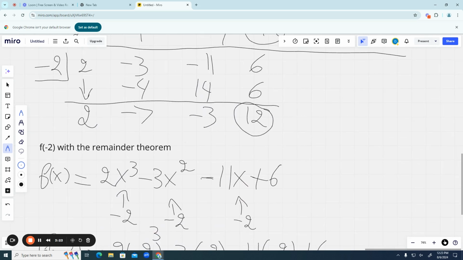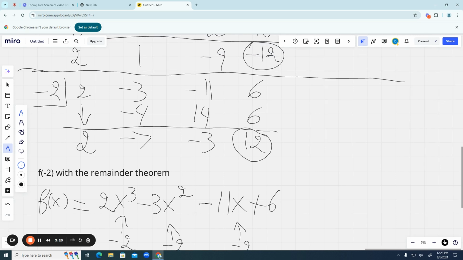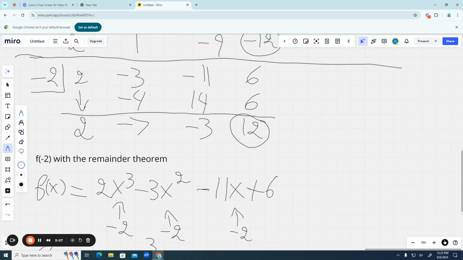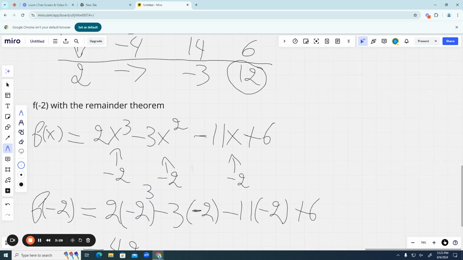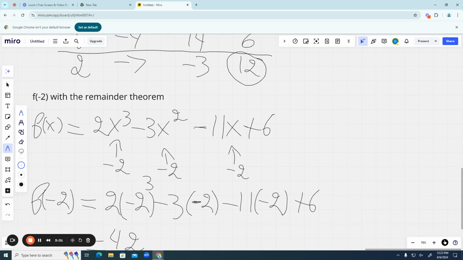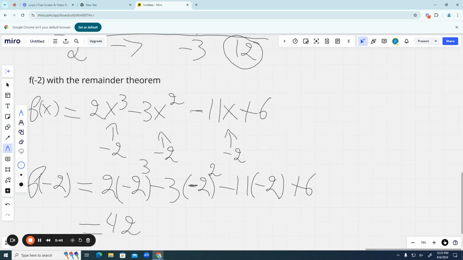If I plug in minus 2 everywhere that there is an x in this equation to find f of minus 2, I end up with f of minus 2 is 2 times minus 2 cubed minus 3 times minus 2 squared minus 11 times minus 2 plus 6. And if I do that calculation, I'm going to end up with a 12.